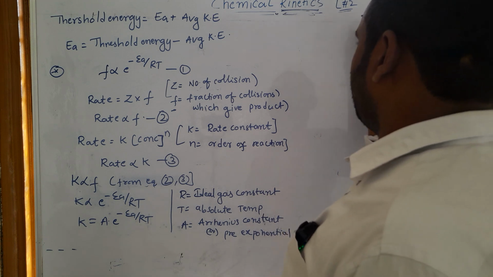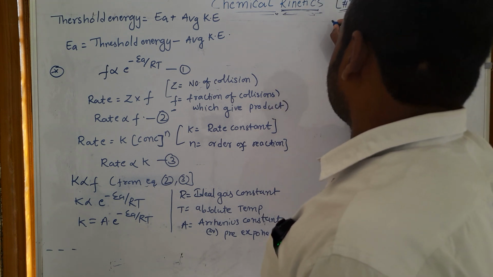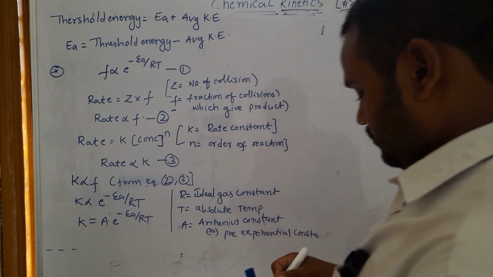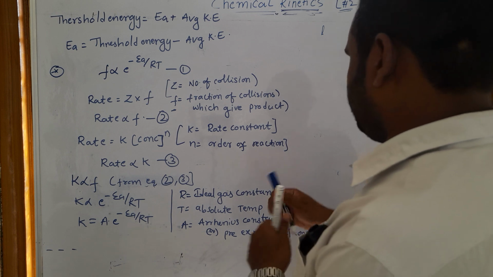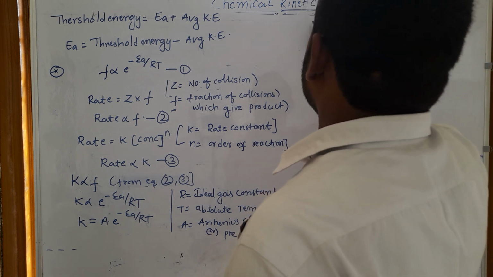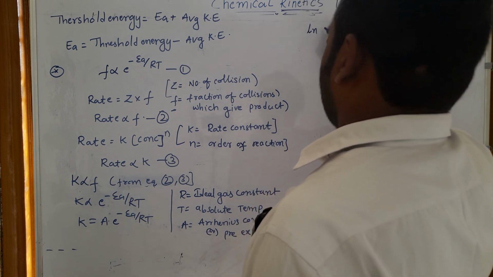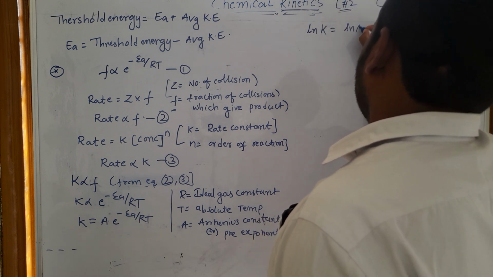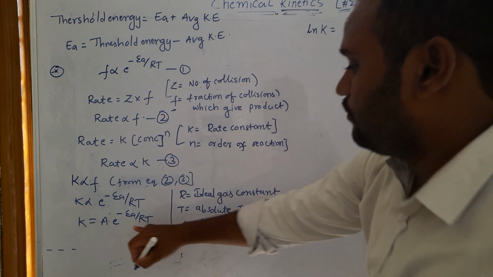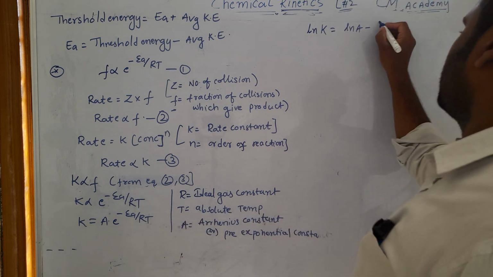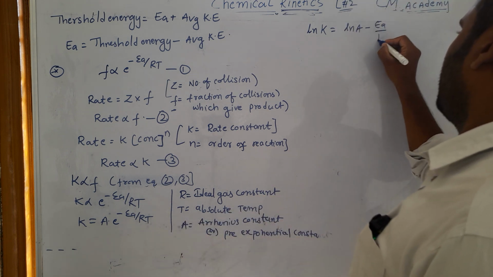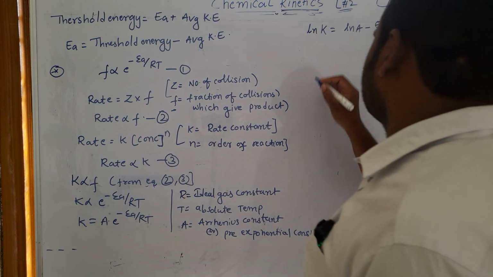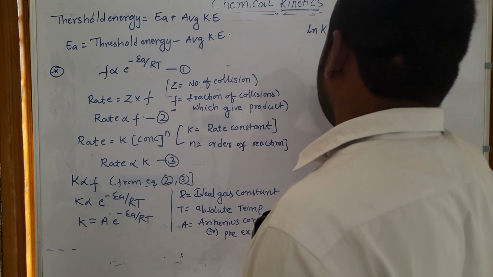When you want to remove the e from this equation, we can multiply with ln. ln e is equal to 1. So on both sides we are taking the ln. It will become ln k is equal to ln A minus Ea by RT. Now let us remove this ln also.